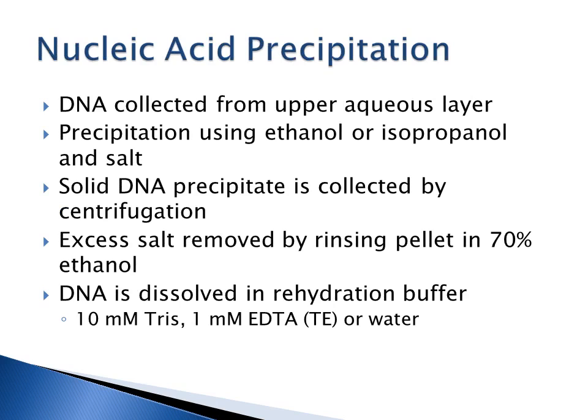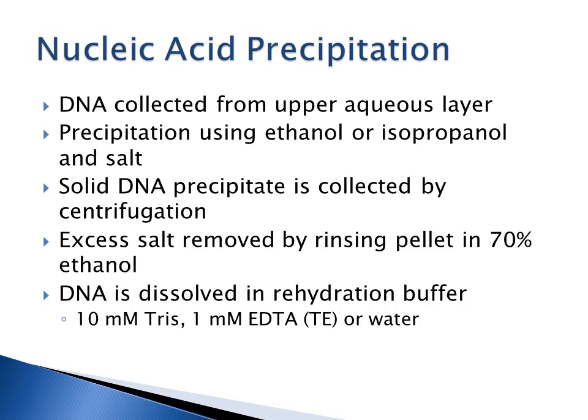Once you get that upper aqueous layer into a clean tube, you can precipitate the DNA from that layer using salt and ethanol or isopropanol. Your DNA is going to precipitate out, and at that point it's no longer a liquid, it's a solid, and you can centrifuge the tube, remove the supernatant, and you'll be left with your DNA precipitate as a pellet.